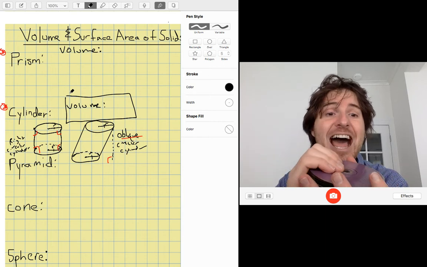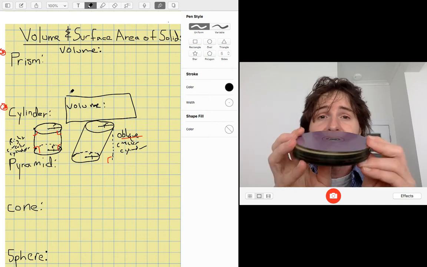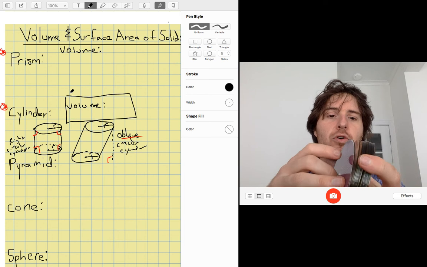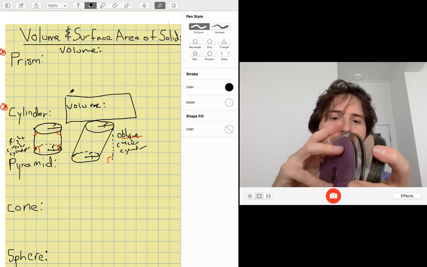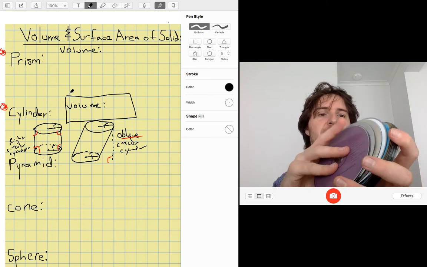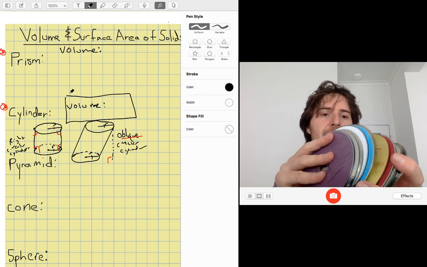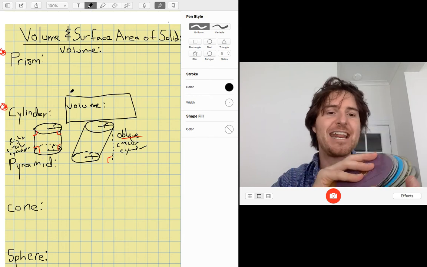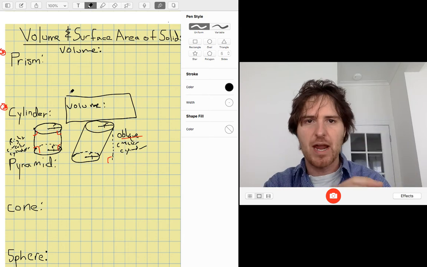I'm going to think about this in the context of the compact discs, the CDs that I have here. Let me count them: 1, 2, 3, up to 14, and 15 CDs right here.